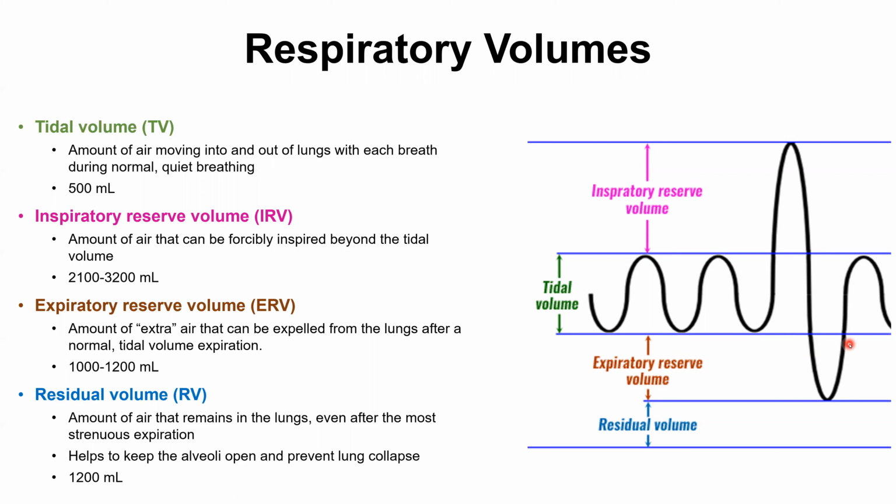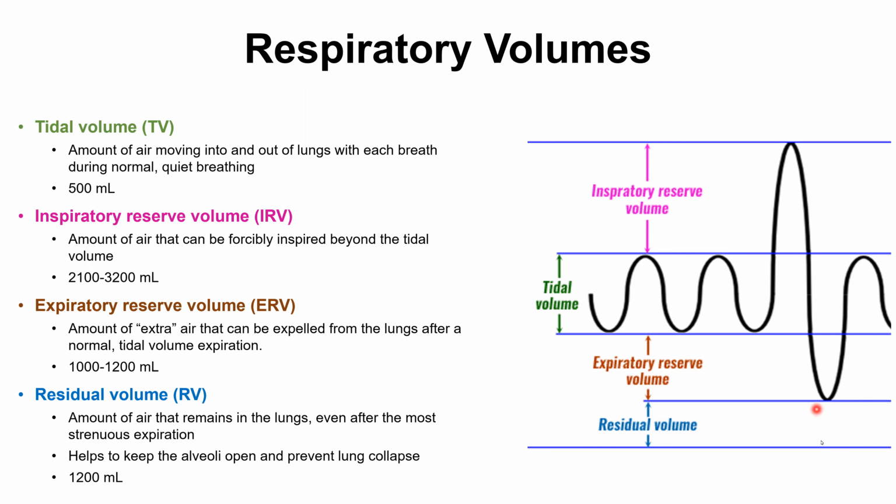Finally is residual volume. And the residual volume is the amount of air that is remaining in the lungs even after you have breathed out as much possible air that you forcibly can. And so that's kind of all this extra down here. So basically the residual volume is giving us an indication that even though we have pushed out all of the air that we think we can, there's actually still some remaining in the lungs.